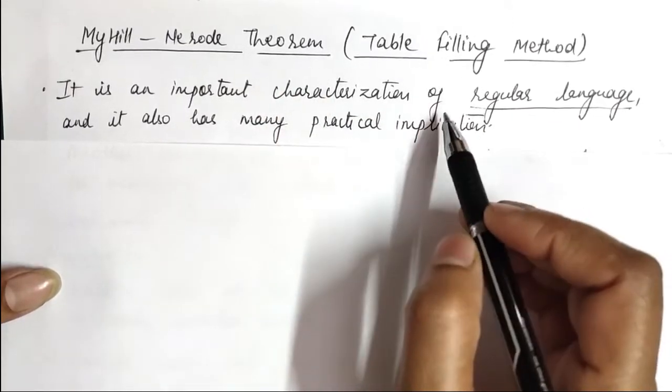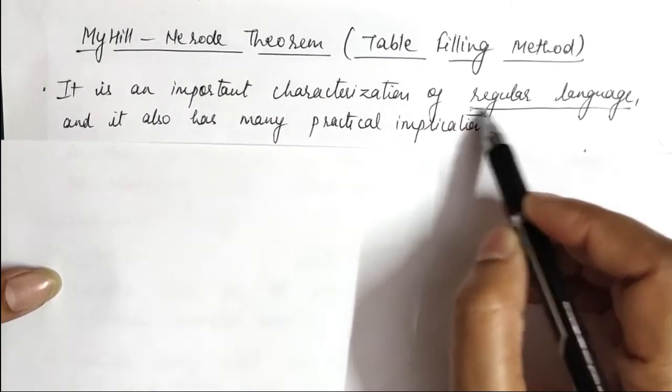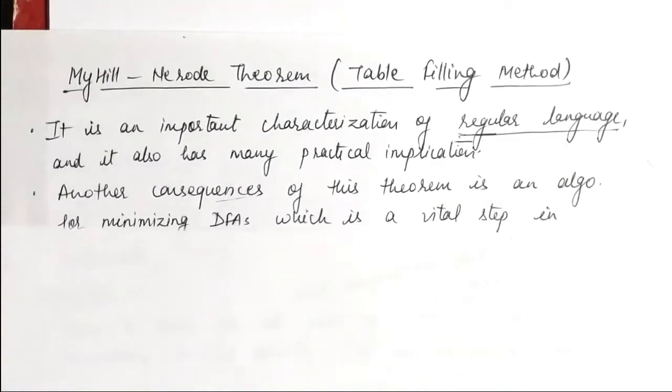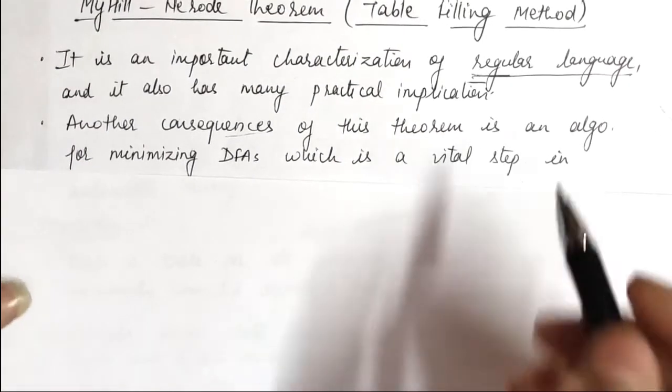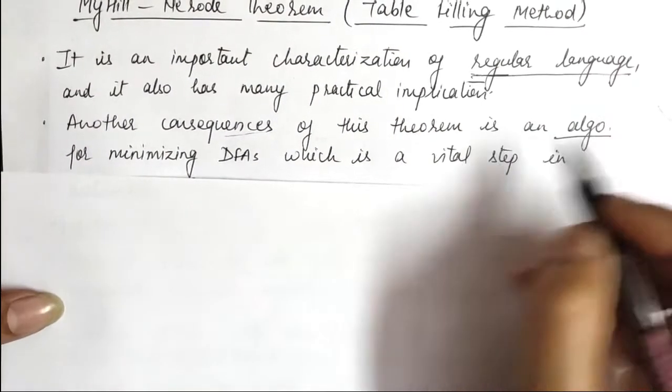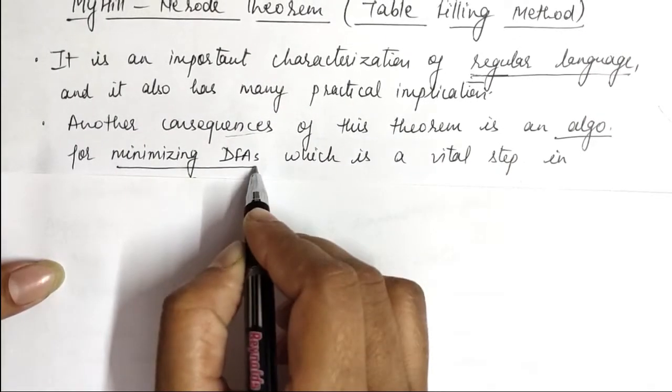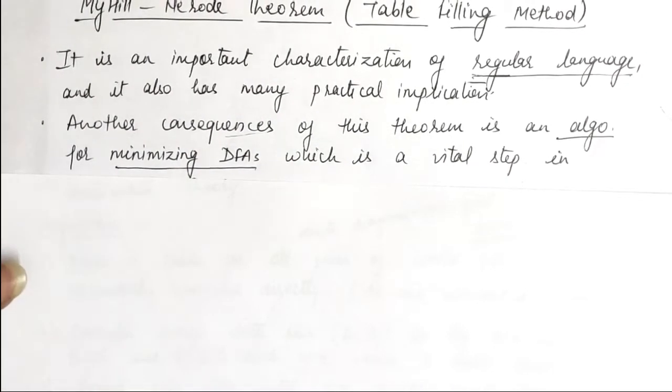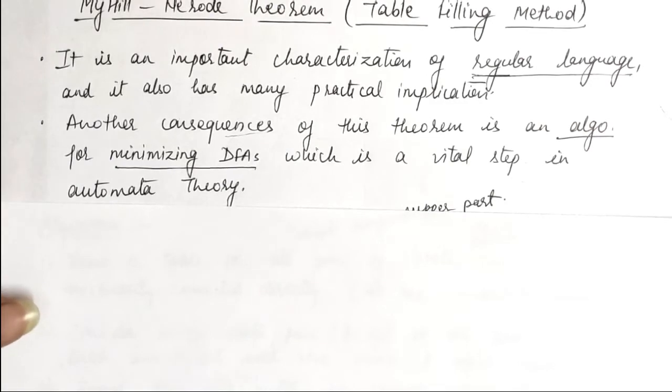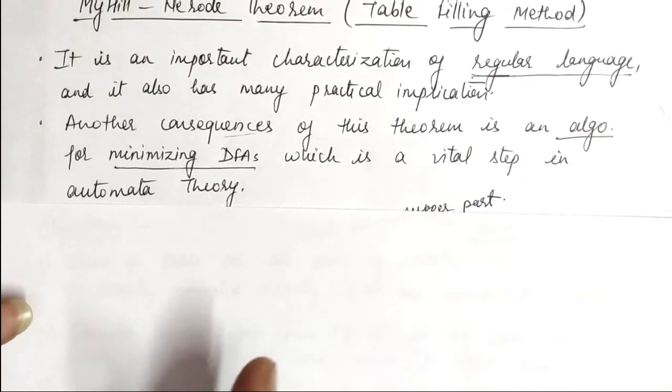So this theorem is basically used for regular languages, and it provides an algorithm for minimizing DFA, which is a vital step in automata theory. As we know, there is another method for minimizing DFA, called the partitioning method. We already discussed it.